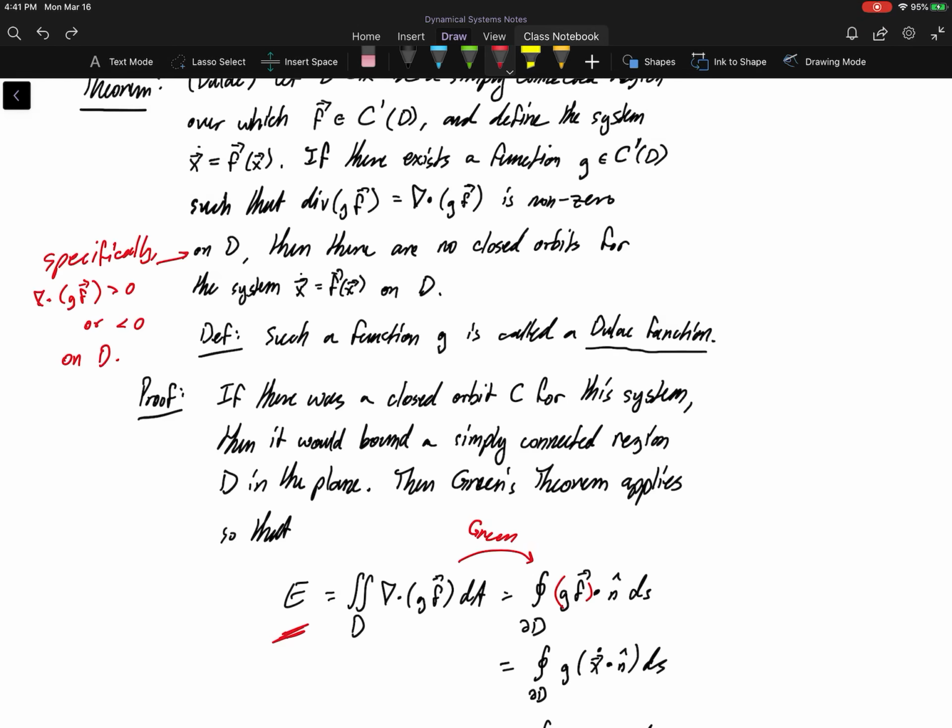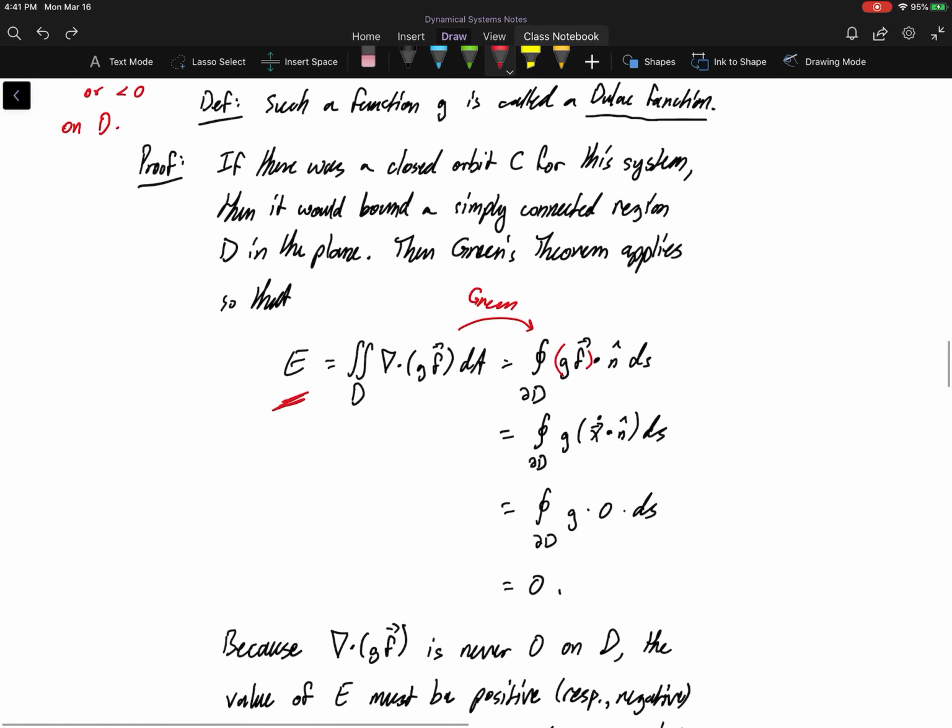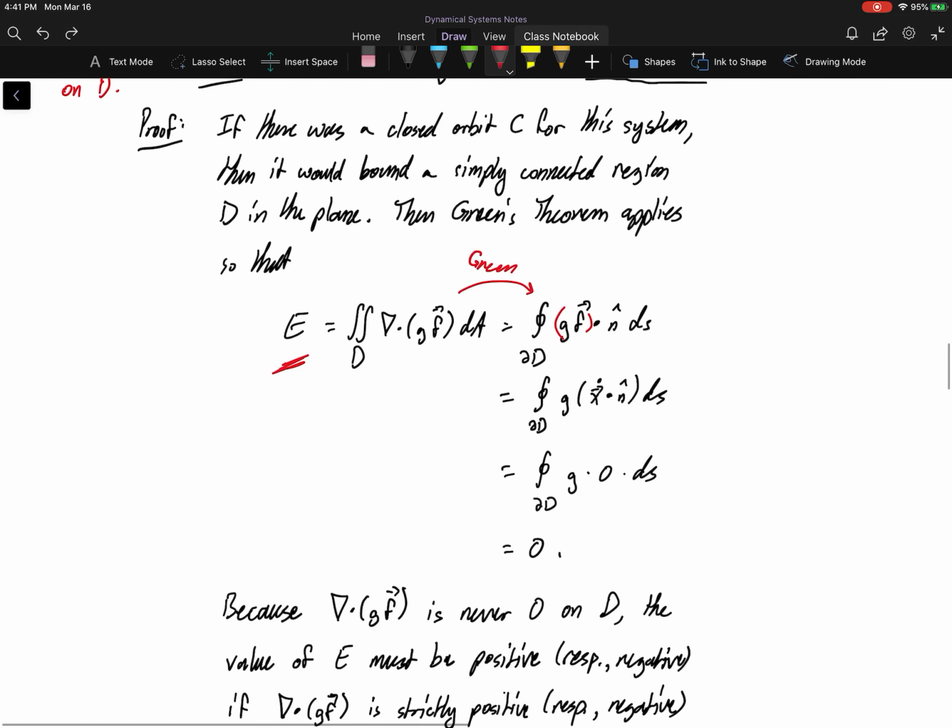So if I were to parameterize the curve, I don't even have to parameterize it to know this, but X dot and the unit normal have to be orthogonal to one another. They are perpendicular. So that means I'm integrating a zero function, which means that the work integral on the right has to vanish.